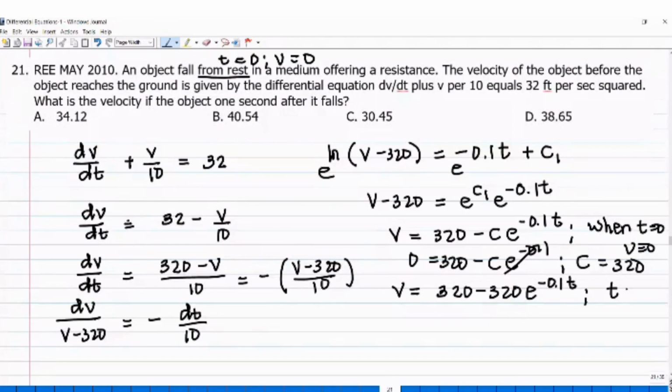When t is equal to 1, so therefore we have V equivalent to 320 minus 320 e raised to negative 0.1 times 1.